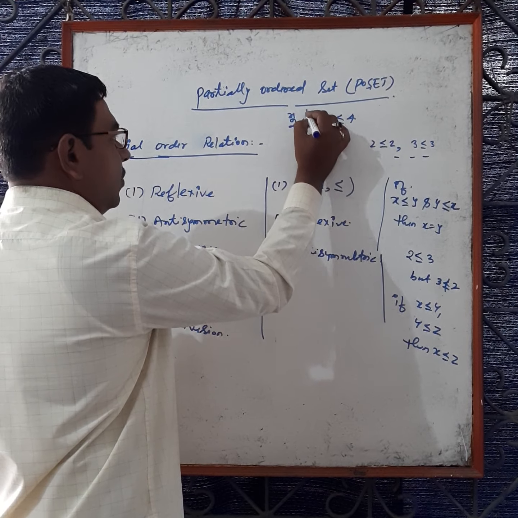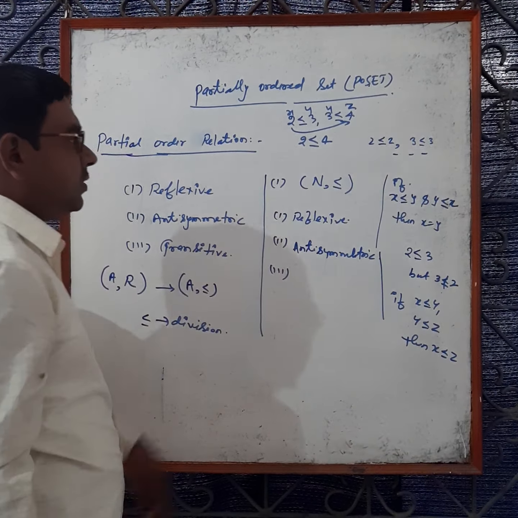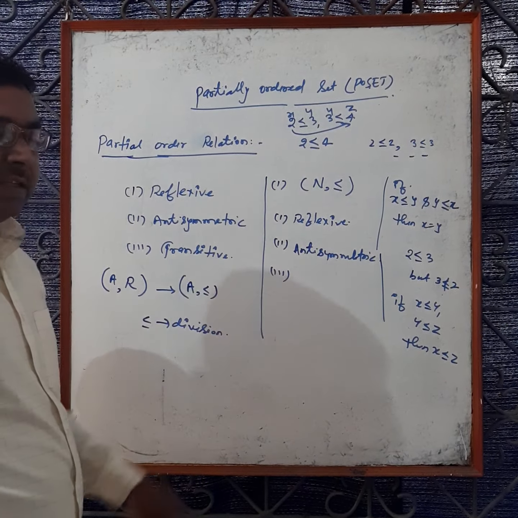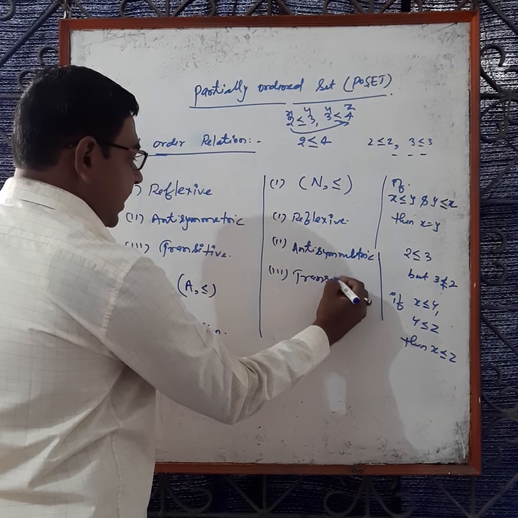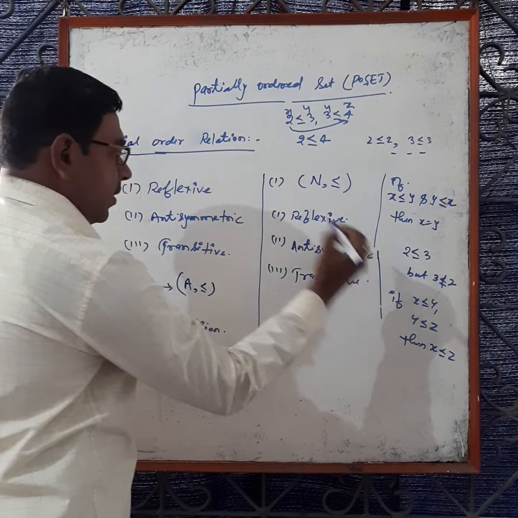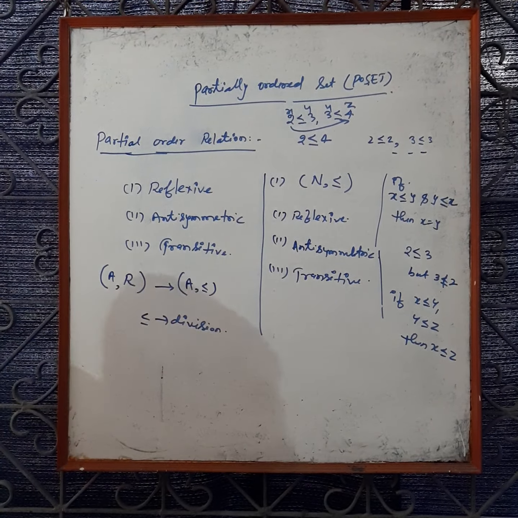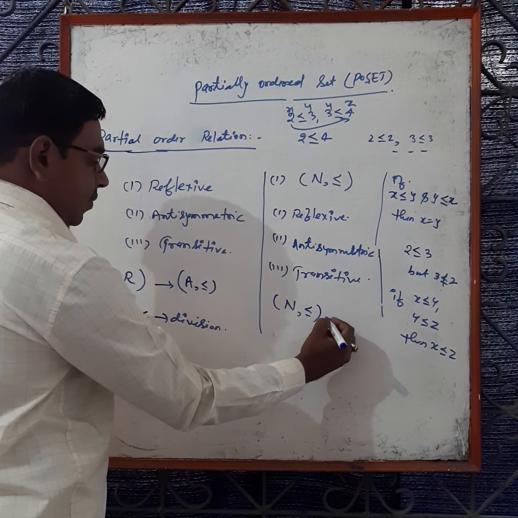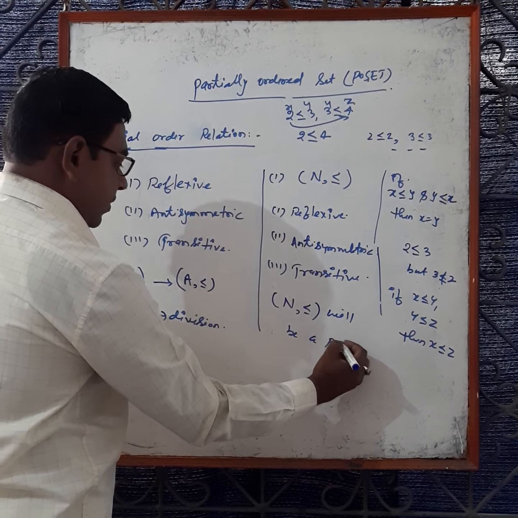Here x related to y, y related to z, then x is related to z, meaning 2 less than equal to 4. Therefore, it also follows the transitive property, and consequently less than equal to will be a partial order relation on the set of natural numbers N. Therefore we can say that N with less than equal to will be a poset.